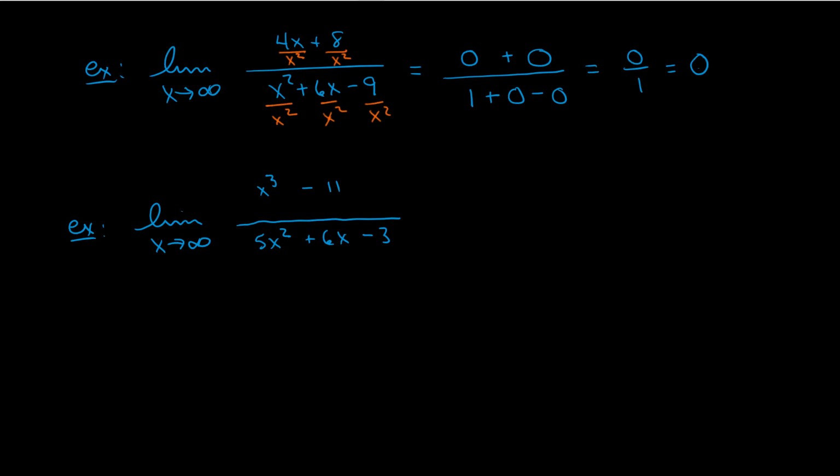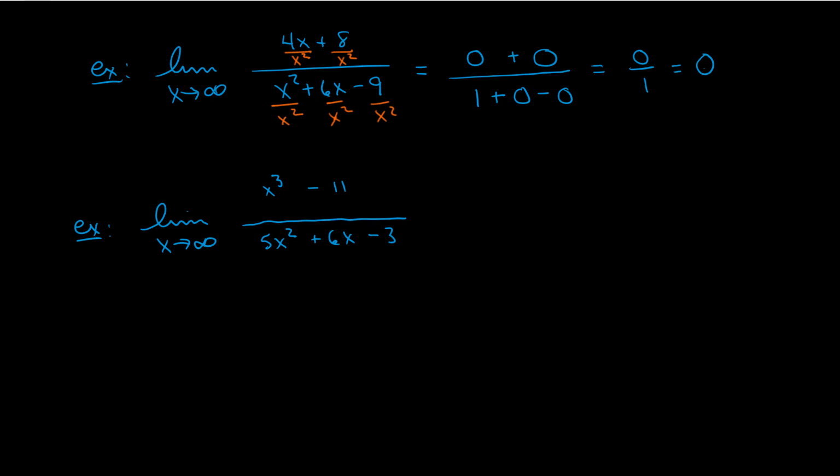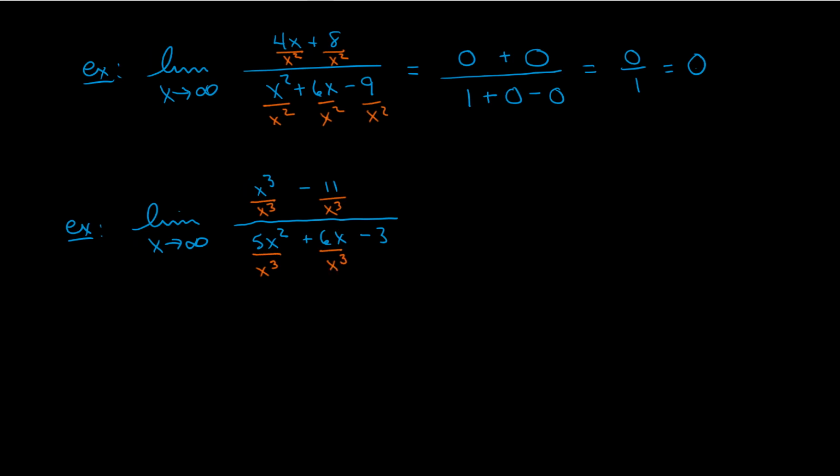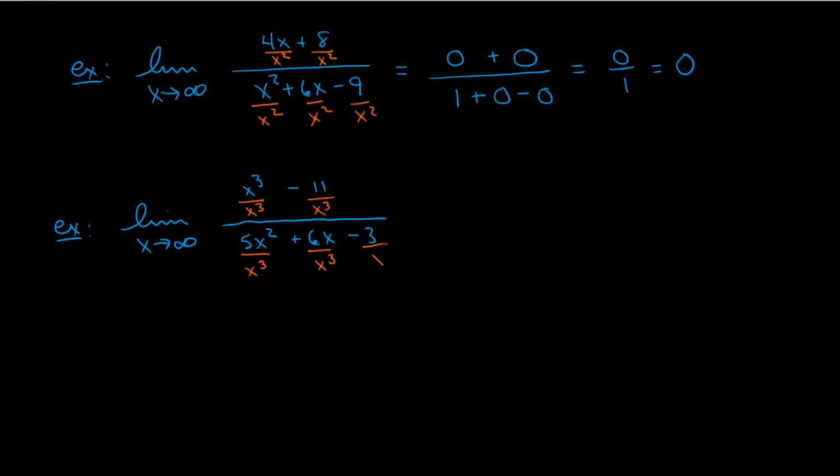As we've done in the previous ones, you look at both numerator and denominator for the highest power of x. In this particular problem, the highest power of x is the x cubed here in the numerator. So we're going to divide every single term by that highest power of x. So we have x cubed over x cubed, 11 over x cubed, 5x squared over x cubed, 6x over x cubed, and then 3 over x cubed.